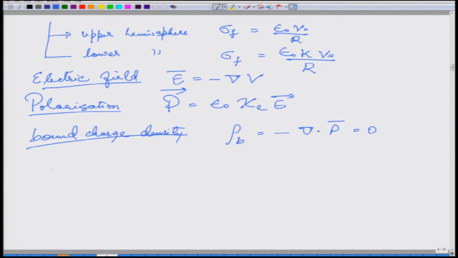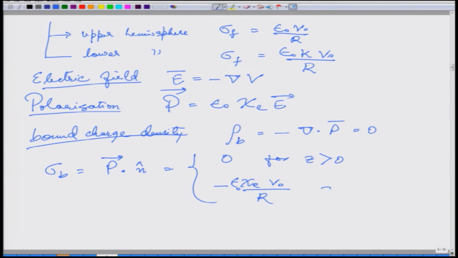And sigma B, which is nothing but P dot n cap, it will be 0 for z greater than 0, and this one for z less than 0.